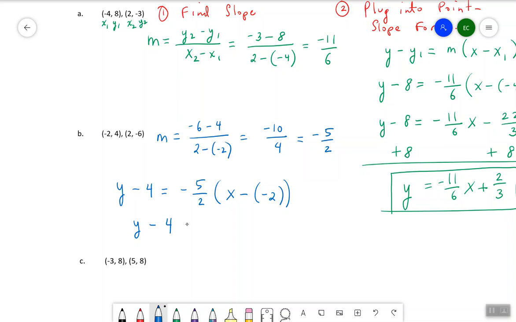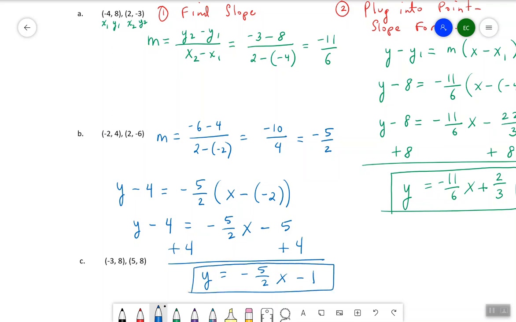We get y minus 4 is equal to negative 5 halves, and then negative 5. And so when we add 4 to both sides, the numbers come out nice this time. We get y equals negative 5 halves x minus 1. And we're done.